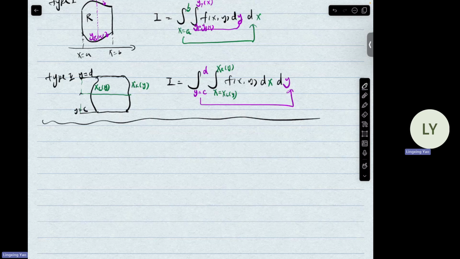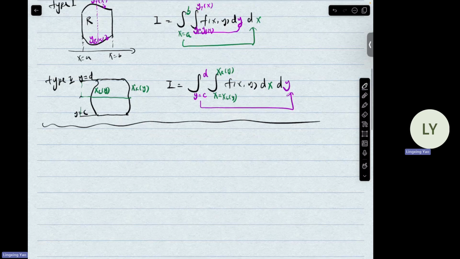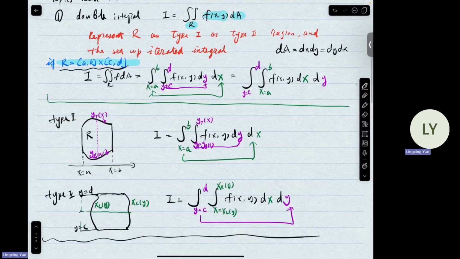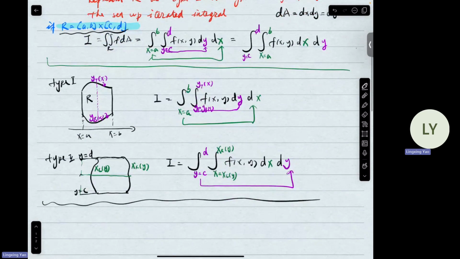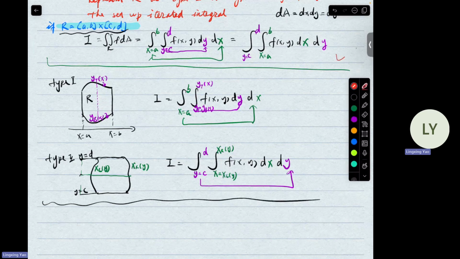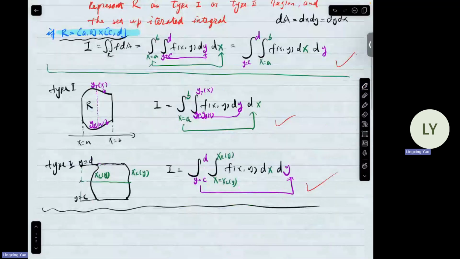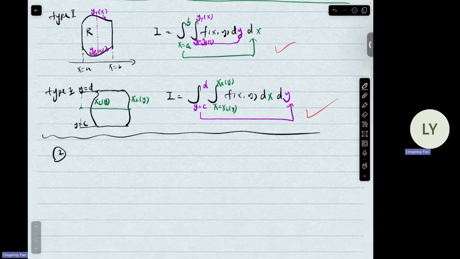There are actually problems about setting up the double integral and triple integral, I mean the iterated integral. Okay, so this is the first topic, and the most important part is this, and those three, right? And the second item is optimization.